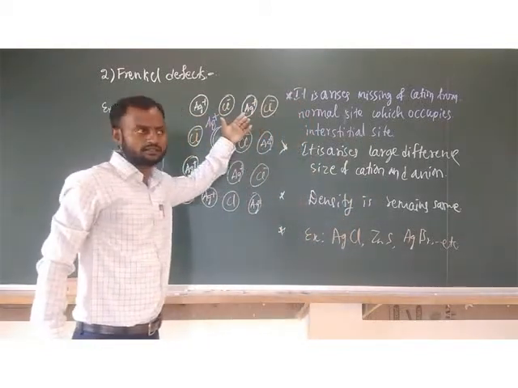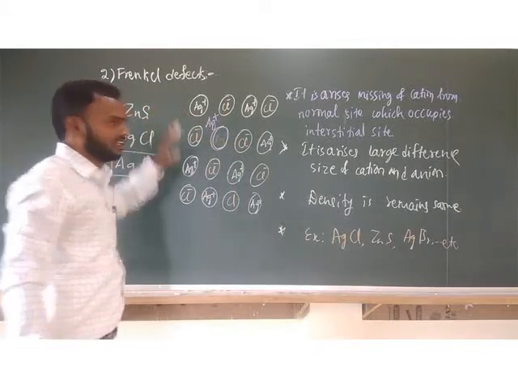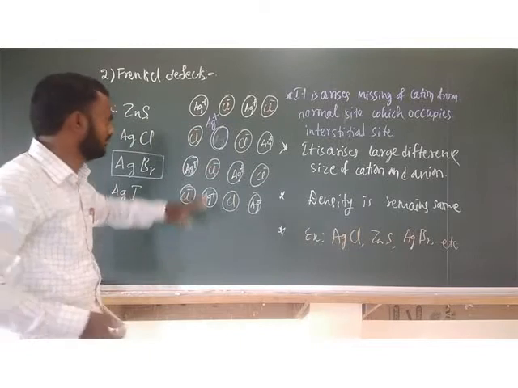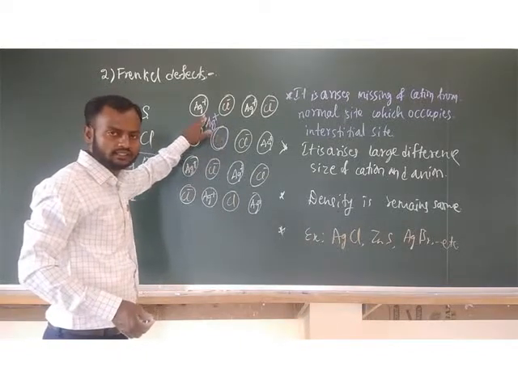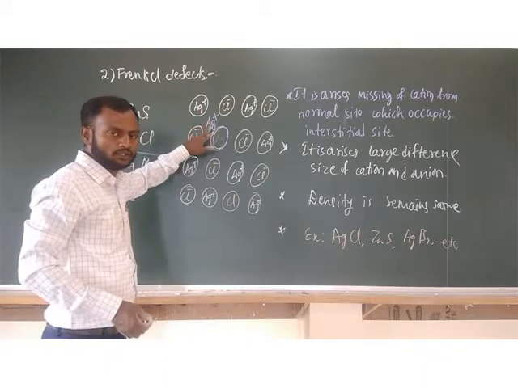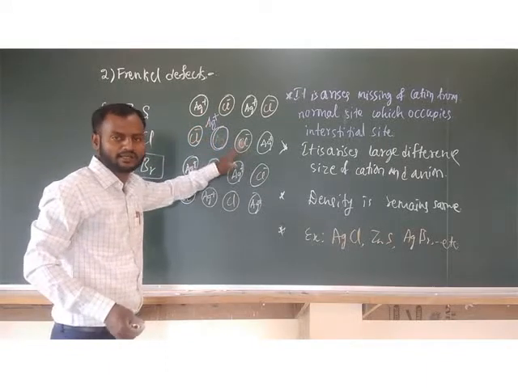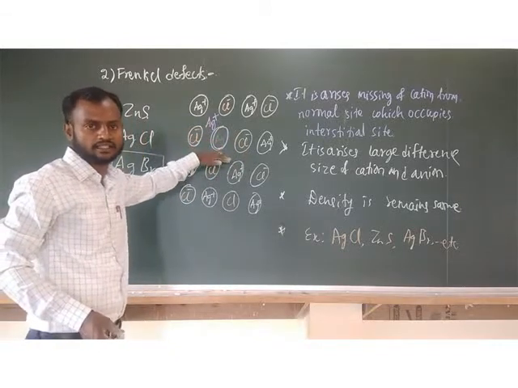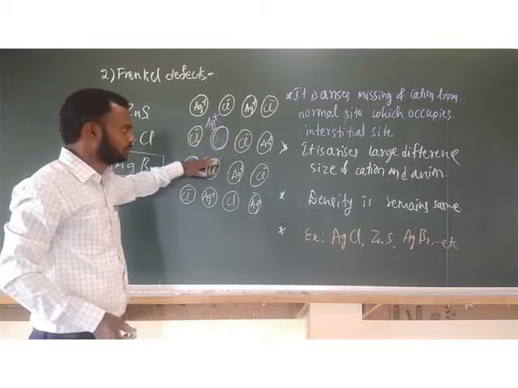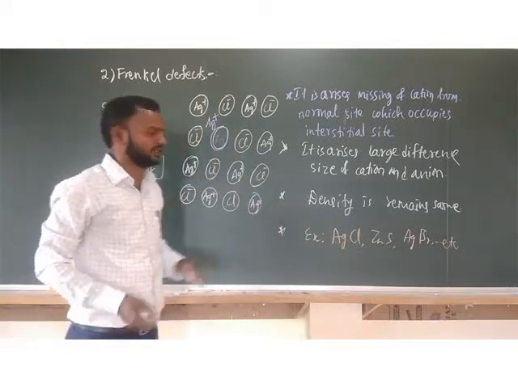Clear, my dear students? So very easy concept. The Frenkel defect arises from the missing of a cation from the normal position to the interstitial position, because of the large difference in the size of the cation and anion. In Frenkel defects the density remains the same.